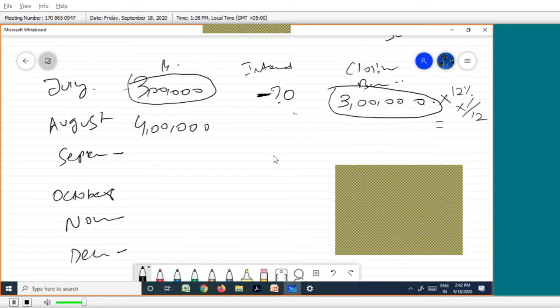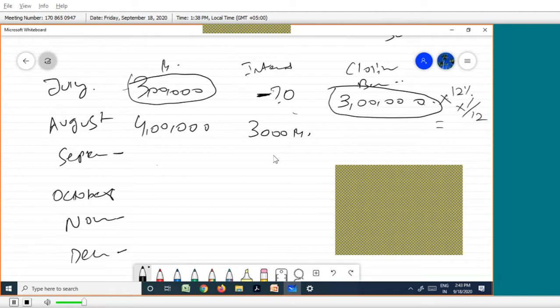It is 3,000 rupees. Okay? Now what is the closing balance? Dear friends, just tell me the closing balance. Whether it is 3 lakh rupees, or 3 lakh plus 4 lakh, or 3 lakh plus 4 lakh plus 3,000.